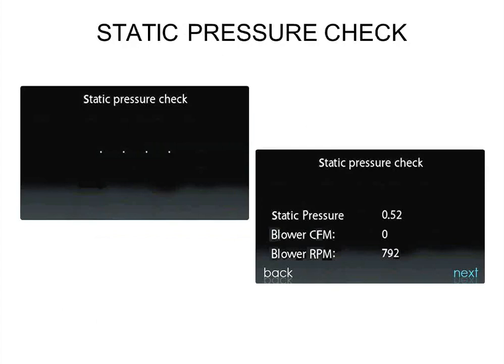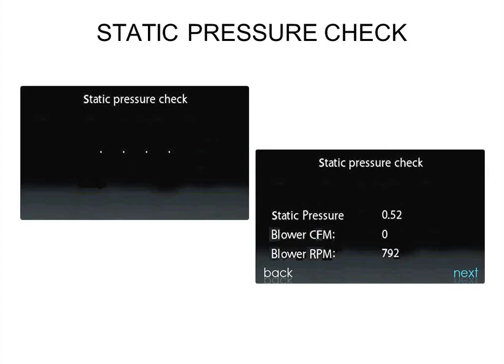The furnace itself will do a static pressure check. Basically, it knows how fast the blower is running because it's communicating to the motor in the blower. It's communicating with that motor two-way, and it's getting feedback from the motor. And the motor says, hey, I'm running at a certain RPM, which correlates to a certain static pressure and a certain CFM.